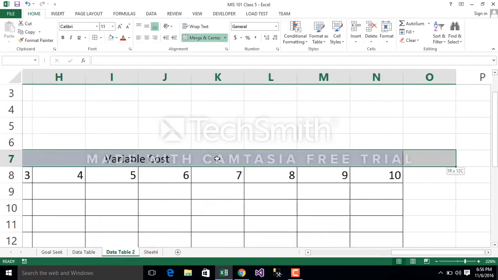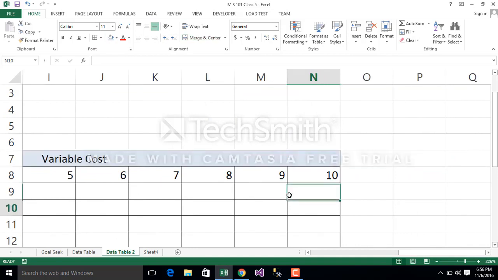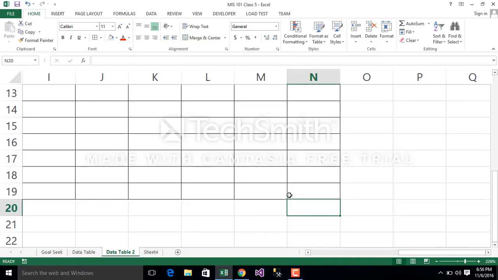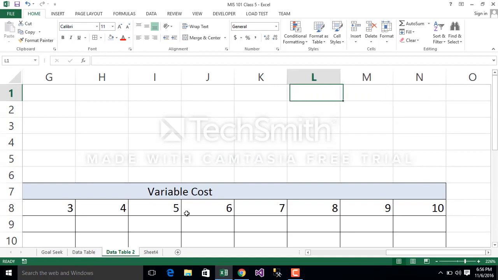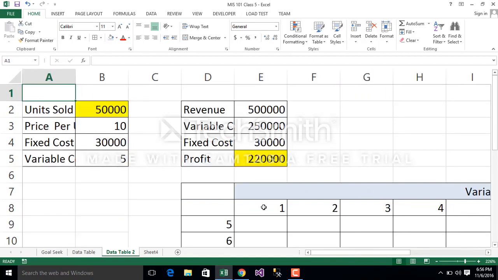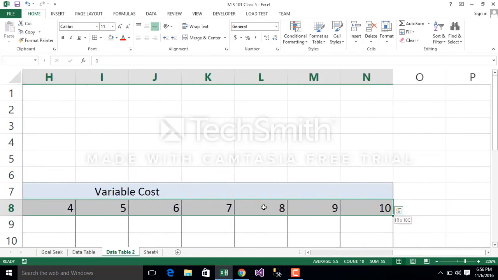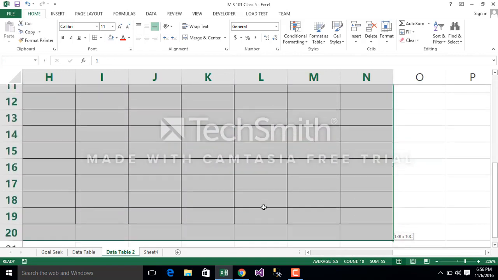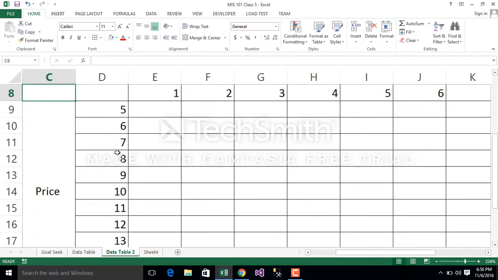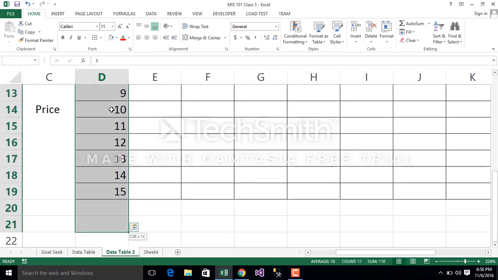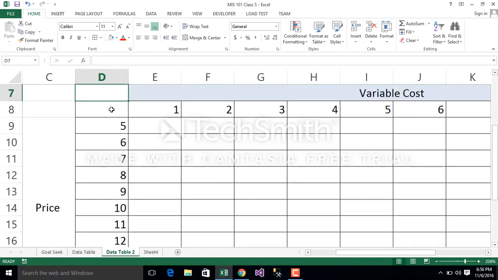Now see, this is variable, here are different variable costs, and here are different prices. What we want to see is, for price 5 and variable cost 1, what will be our profit.